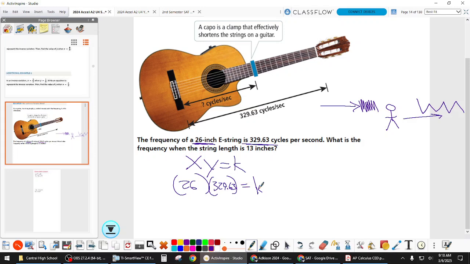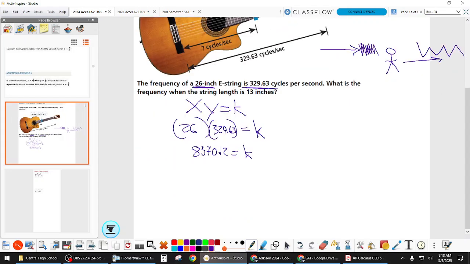So we need k. 8570.12. Now when we shorten the string, we can figure out what our sound will be. So y equals 8570.12 over our string length. So we just need 13 substituted in there.